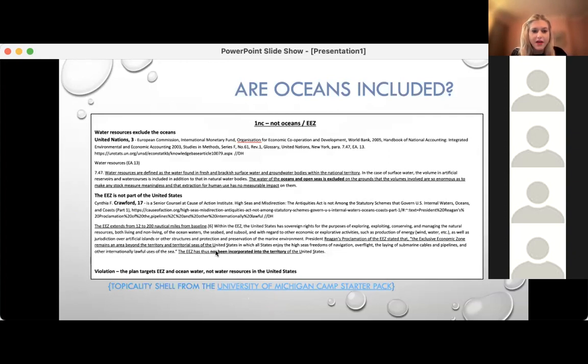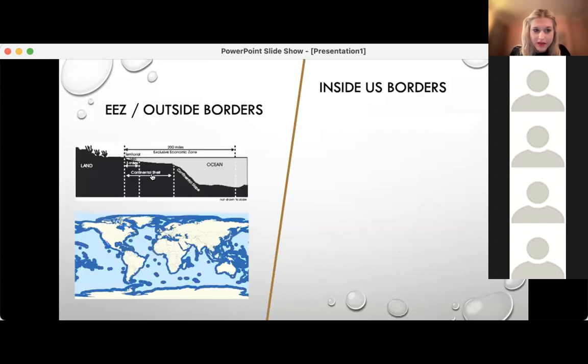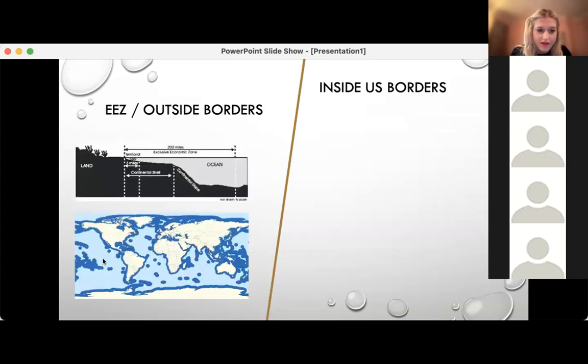But according to this evidence, it's not officially incorporated into the territory of the United States. Now, because it's up for debate, there will be some people who say, no, actually, even though it's the outside border, it's still the waters of the United States. But they will agree that anything in this light blue area is not the waters of any one particular country.